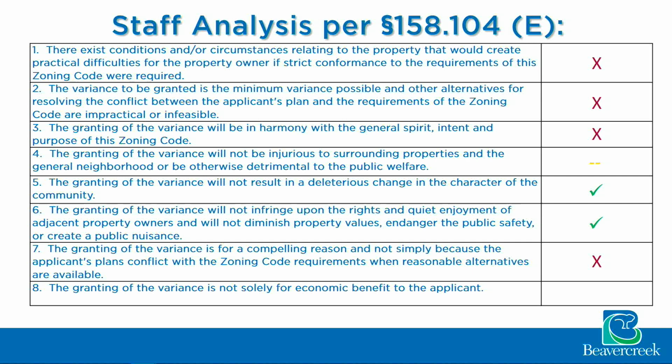Now, the applicant did state that he had conferred with some contractors who told him he didn't need a permit to put the shed in that location, and as staff, we completely understand that. But the reality is the conflict is with the contractors, not the city. And so again, staff does not believe that he meets that criteria.